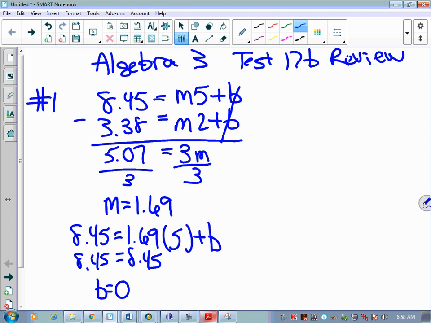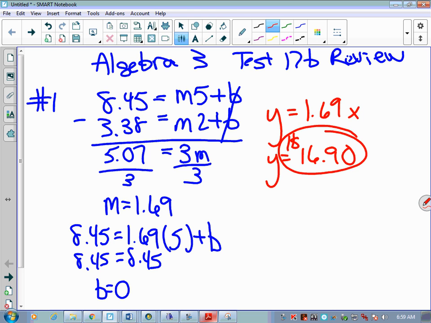I'm going to check some things here, make sure that we're on the right track. B does in fact equal 0, which means our equation is y equals 1.69x, no B. The last part of this question says, how much would a 10-pound package cost? So we just need to take 1.69 times 10. So the cost is $16.90. Checking our answer here, that is it.